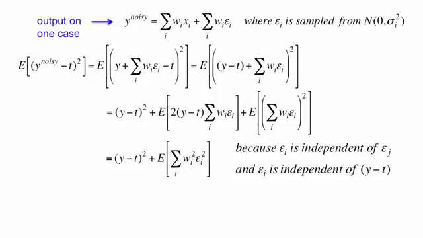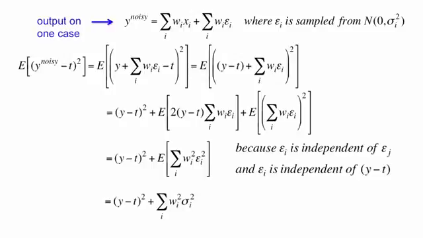In fact, it simplifies down to the normal squared error plus the expectation of wi squared epsilon i squared summed over all i. The reason it simplifies is because epsilon i is independent of epsilon j. So if you look at the last term, when we multiply out that square, all of the cross terms have an expected value of 0, because we're multiplying together two independent things that are zero mean. If you look at the middle term, that also has an expectation of 0, because each of the epsilon i's is independent of the residual error.